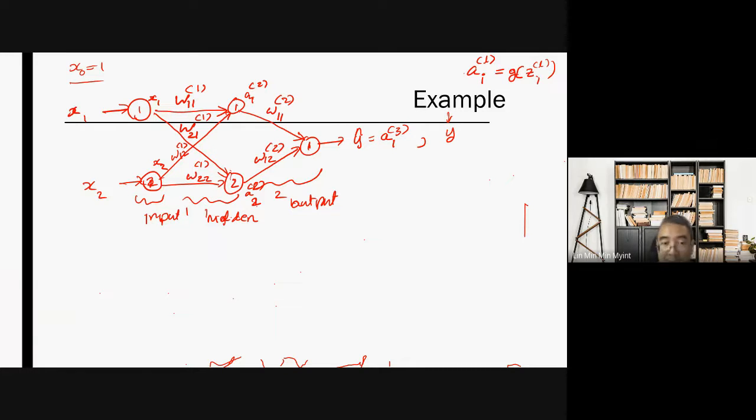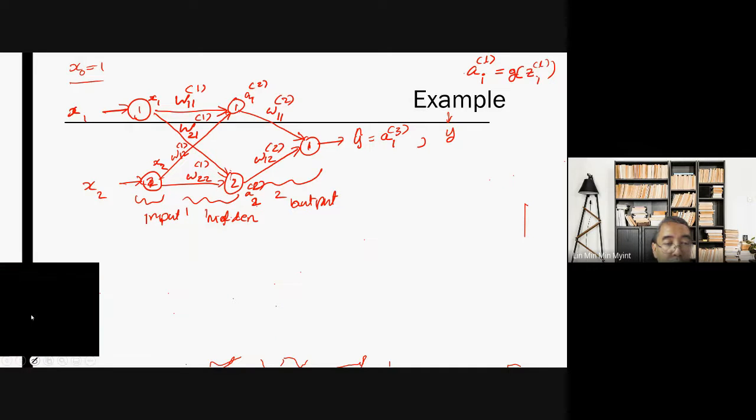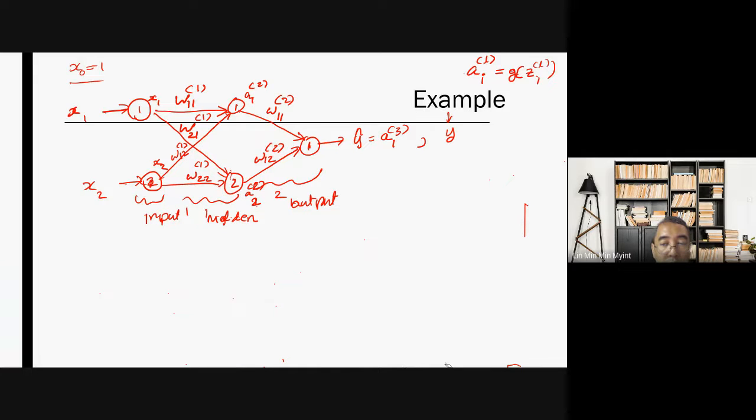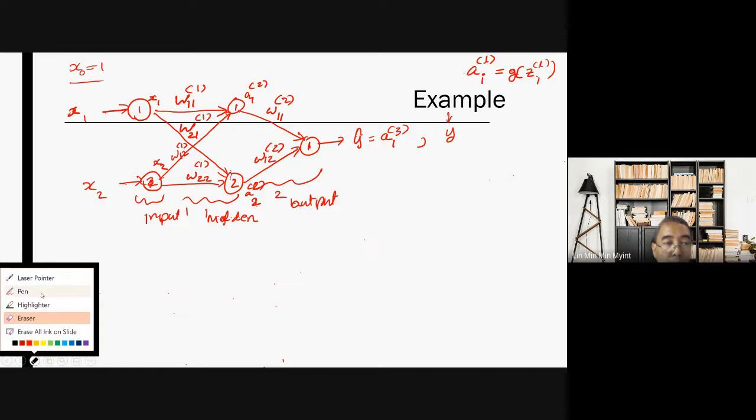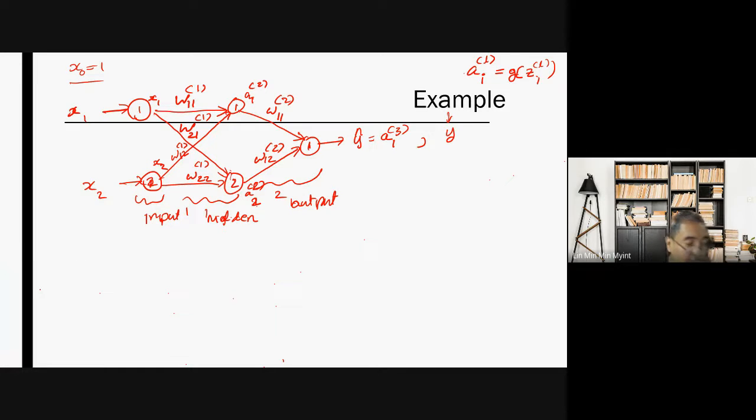And then in this case, let me define this is x0. This is 0.